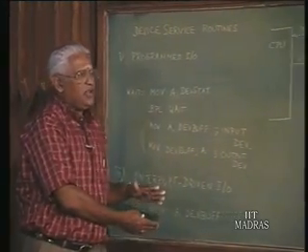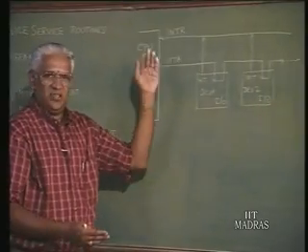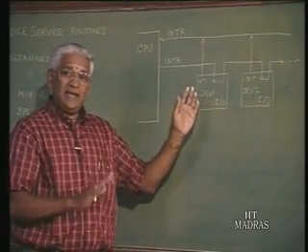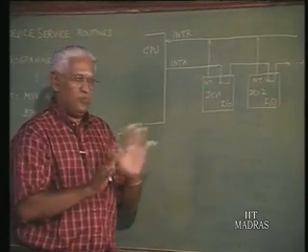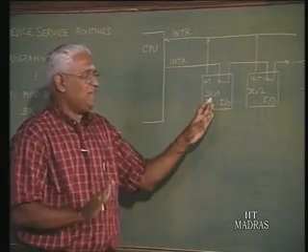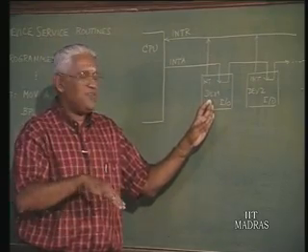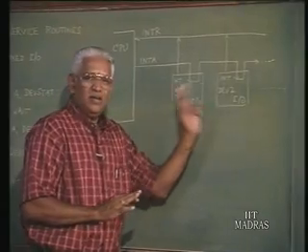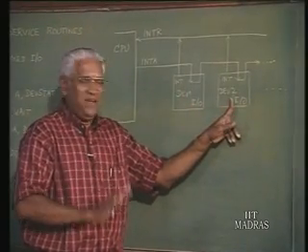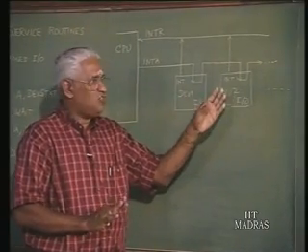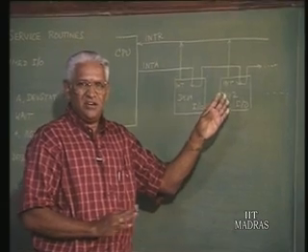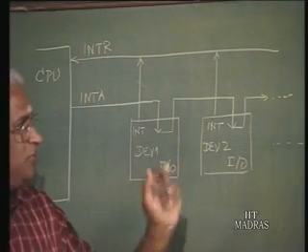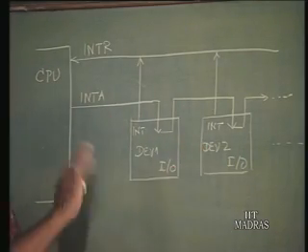So, the service program starting from 100 will be executed, and at the end of it, let us assume, at the end of that service, it need not always be at the end, we will see why. At the end of the service, device 2 will still be waiting, is it not, because that is also ready and it had not been served.